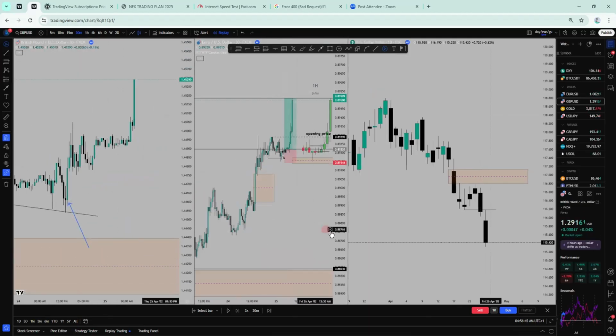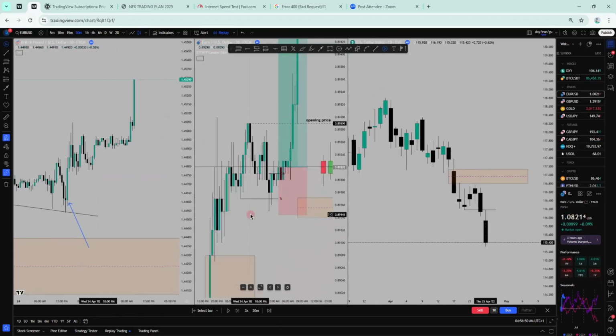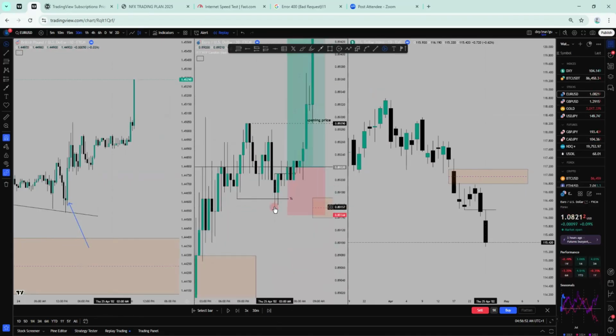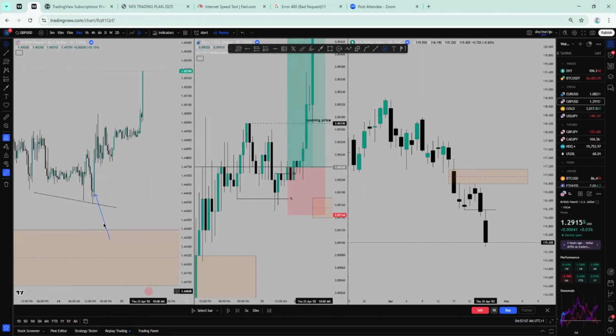So you can see from here that this is where the SMT even started. And then before this rally, we had this last SMT to the downside here, which was at 2 p.m. That was April 2nd, 2 p.m. So we have this SMT around this area, this move like this.